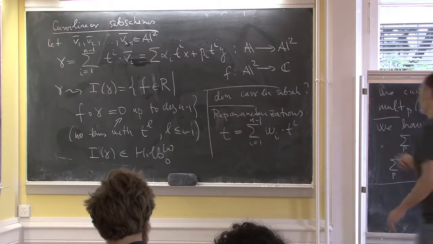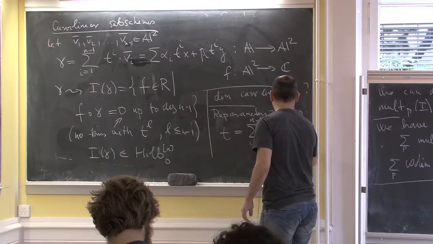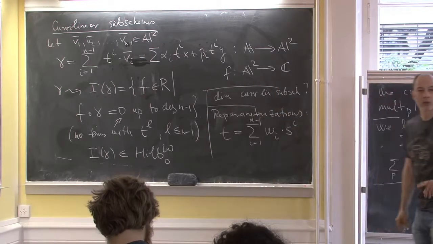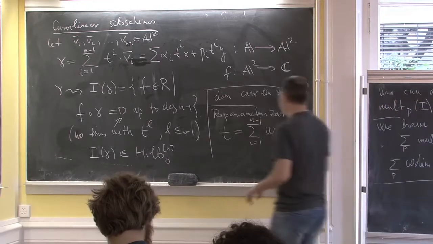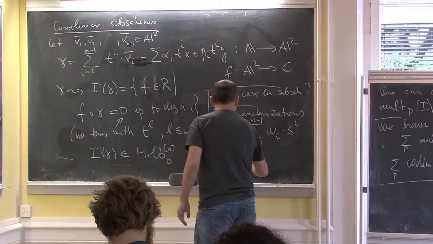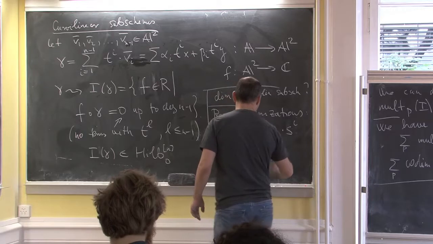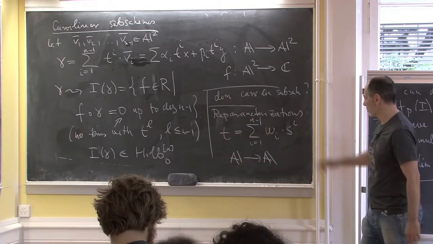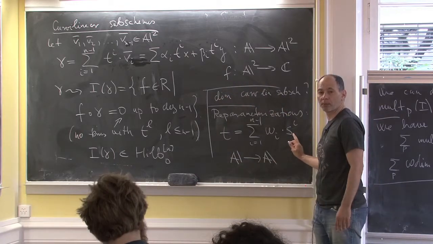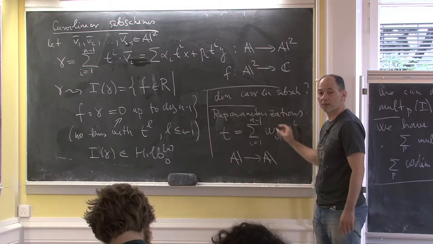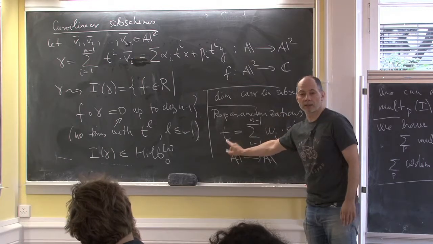Oh, sorry, that's not t, that's an s. So you think of this as just a map from numbers to numbers. You take a number s here, the omega i's are some fixed numbers, and then you get a t.